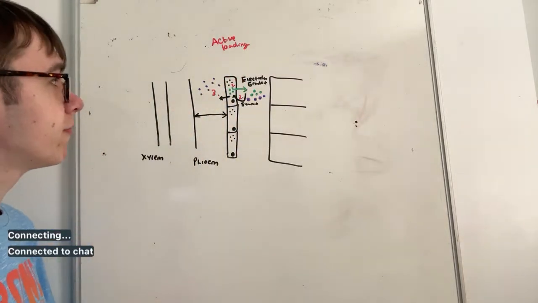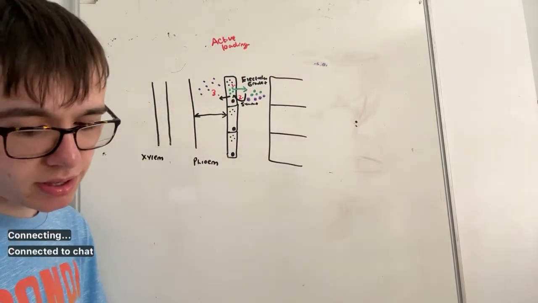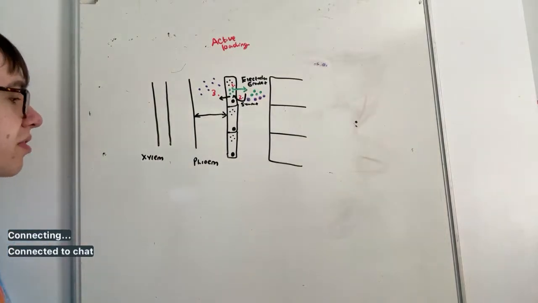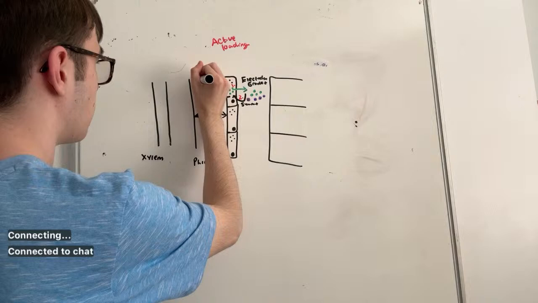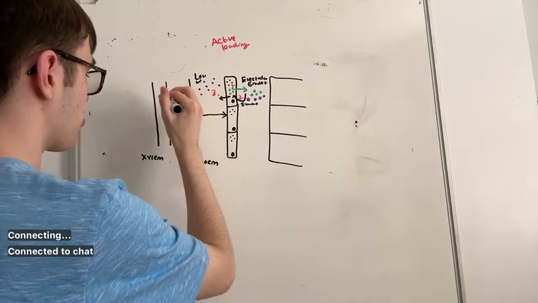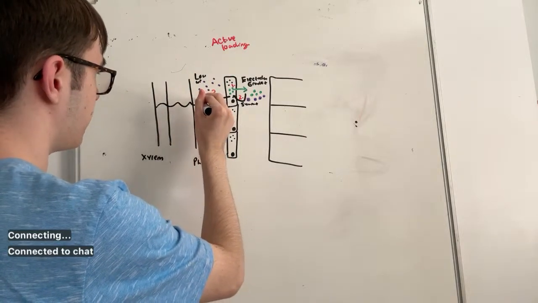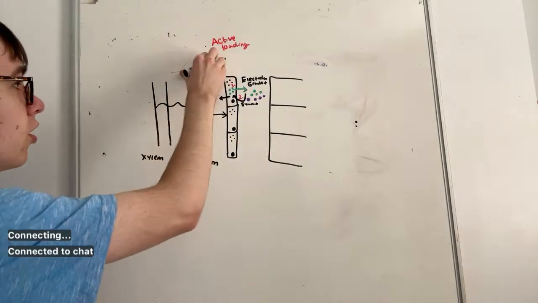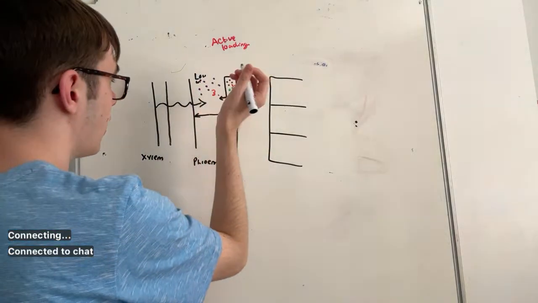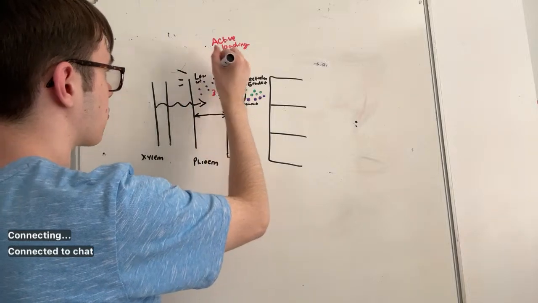This will obviously create a water potential gradient, because what you have now is a low water potential. So water is going to move in via osmosis from an area of high to low water potential. And what that means is an increased volume.